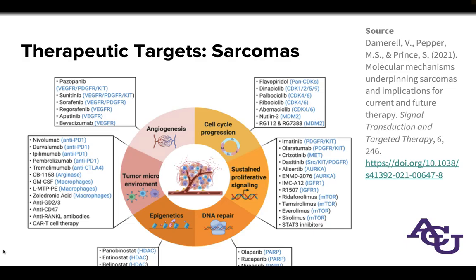Now, in this example here, I've just pulled something for sarcomas. But with any cancer, whether we're talking a lymphoma or, let's say, non-small cell lung cancer, probably not leukemia, because leukemia tends to not have as solid tumors as much. It's not impossible, but tends not to as much.